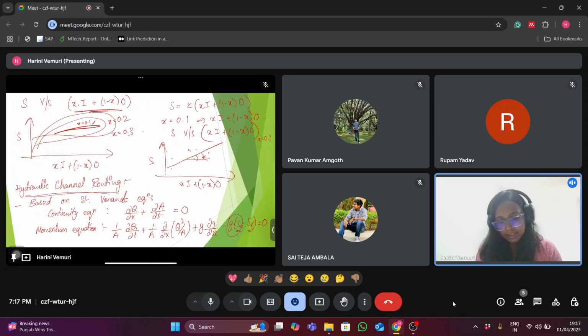Okay, and here this term is the pressure term, this is the friction term, g into s naught is the gravity term, and this is the local acceleration term.